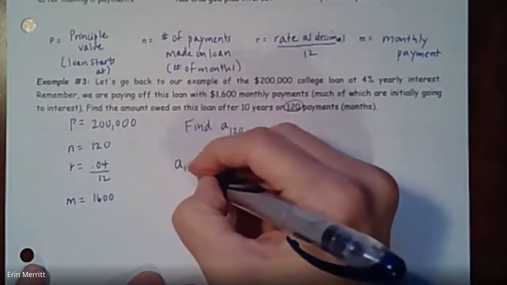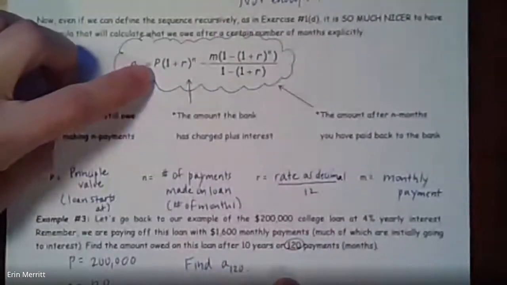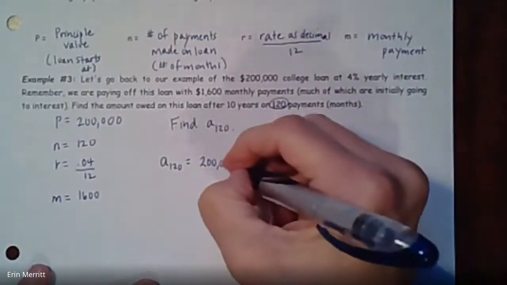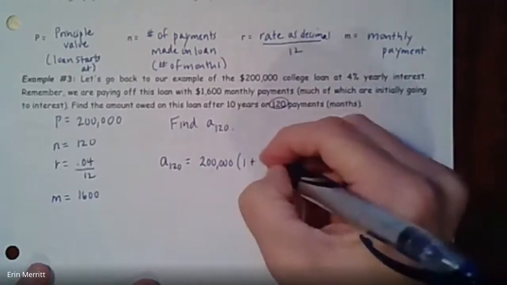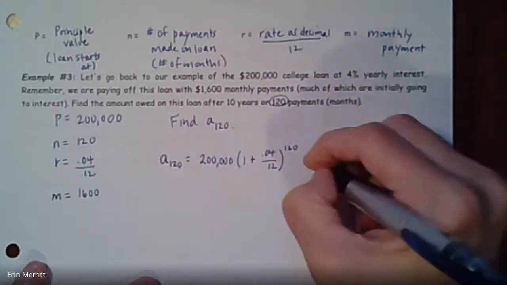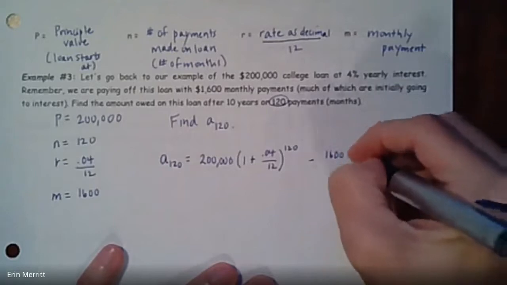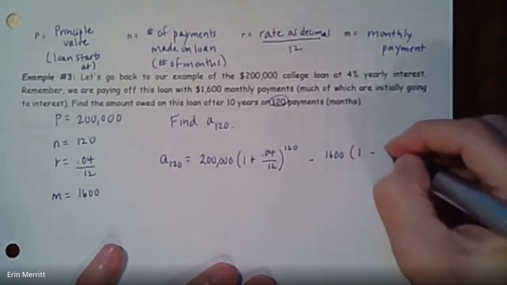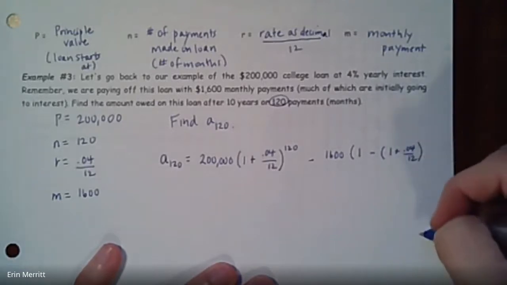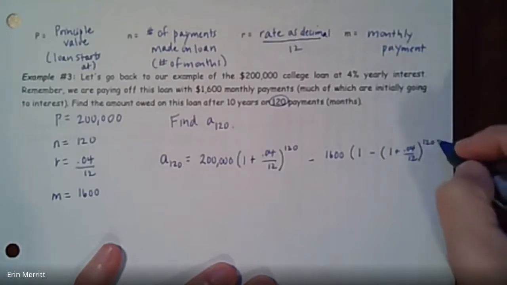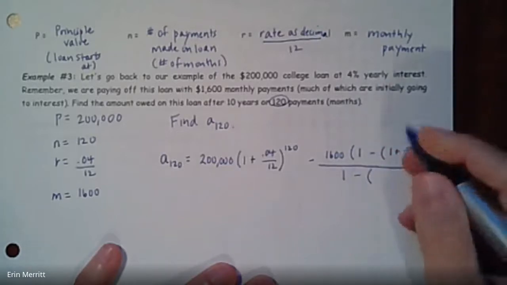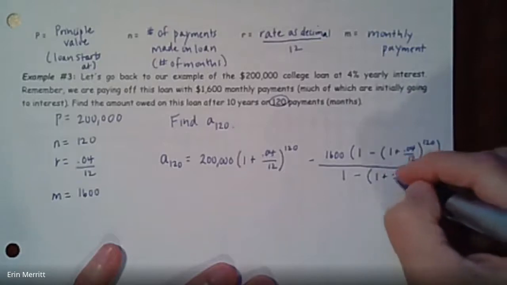A sub 120 equals P times (1 plus R) to the N, so 200,000 times (1 plus 0.04 over 12) raised to the 120, minus 1,600 times (1 minus (1 plus 0.04 over 12) raised to the 120), close up that parenthesis, divided by 1 minus (1 plus 0.04 over 12).